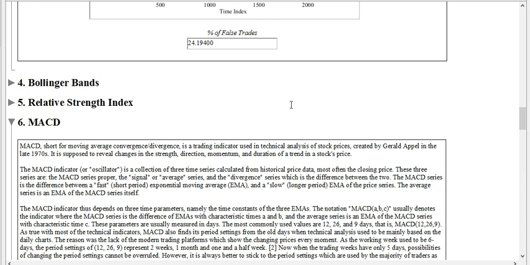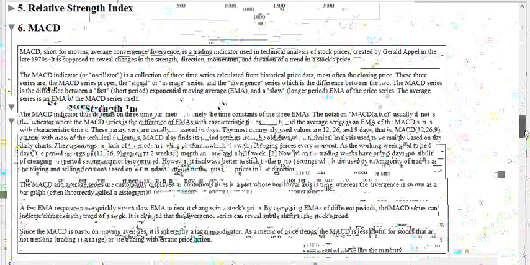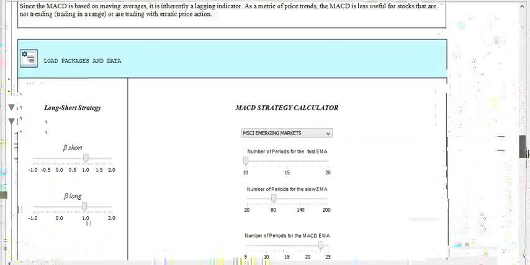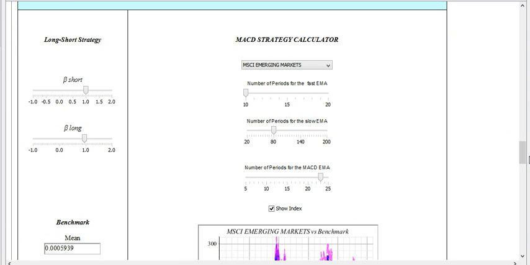So we're going to have other technical signals like Bollinger Bands and the Relative Strength Index, but I'm going to use MACD, which is usually recommended for indexes that have very high volatility. The parameters of the MACD model are essentially a couple of oscillators: the fast exponential moving average and the slow exponential moving average.